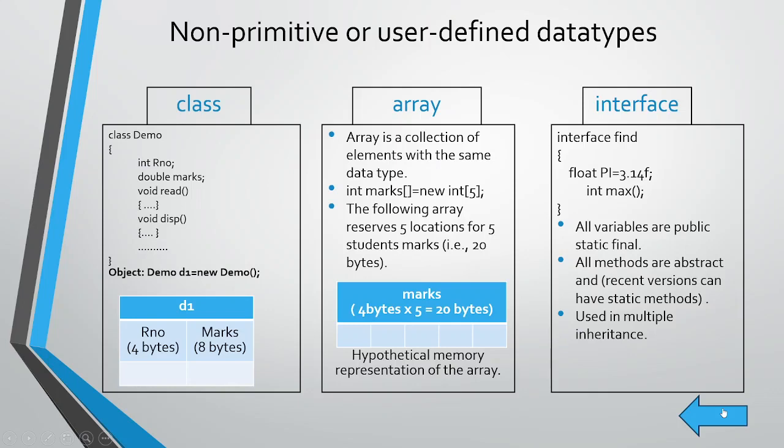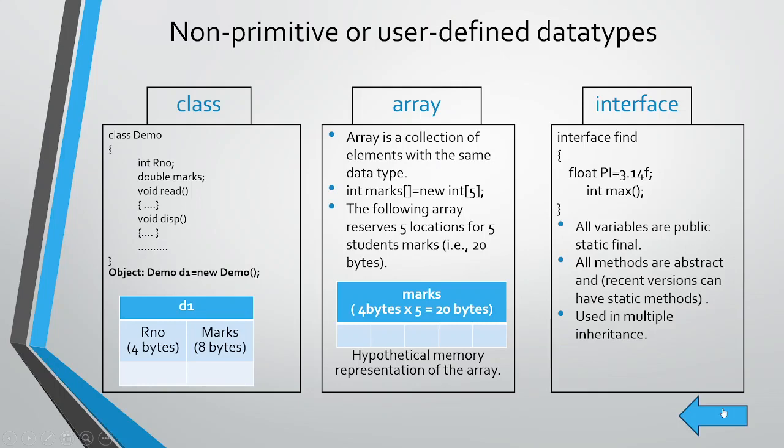There is one CUI way also, but this D1 object has 2 parts. First one is roll number, 4 bytes because of integer. Second one is marks, which is of double type, so 8 bytes. So the new data type has 2 parts. Non-primitive data type, user-defined.